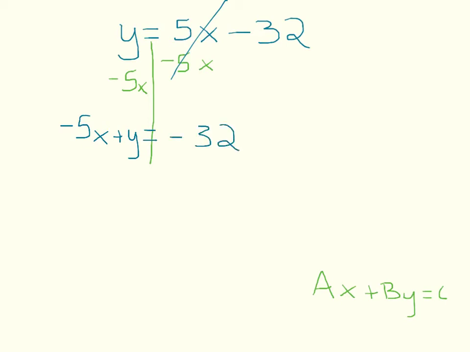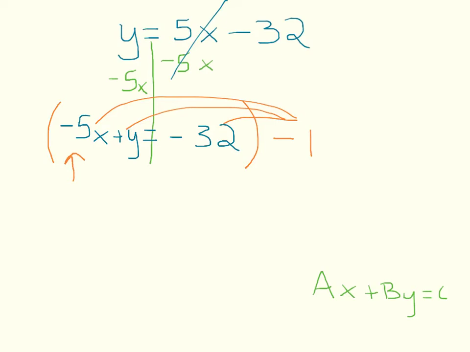Now, proper standard form means that the leading coefficient cannot be negative and that there are no fractions. Well, in this case, we don't have any fractions, so that's fine. But if the leading coefficient is negative, to change it, we need to multiply everything in the equation by negative 1.